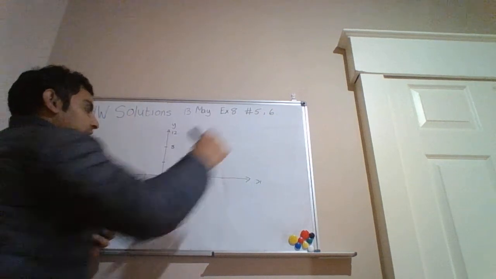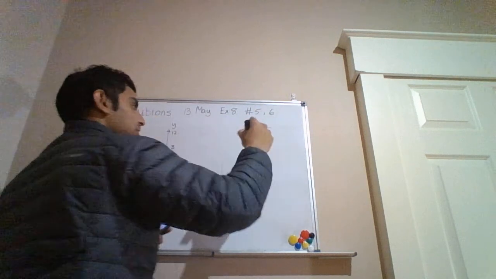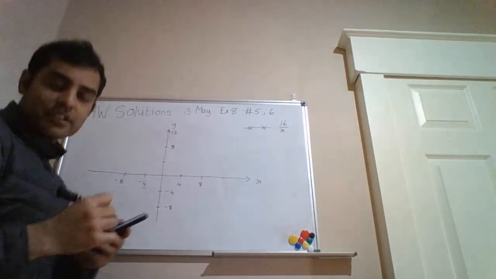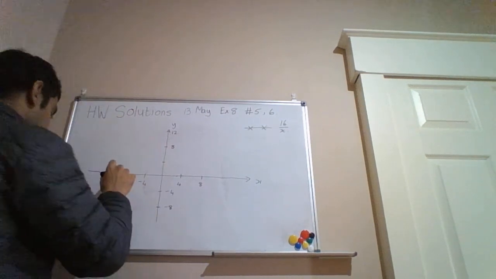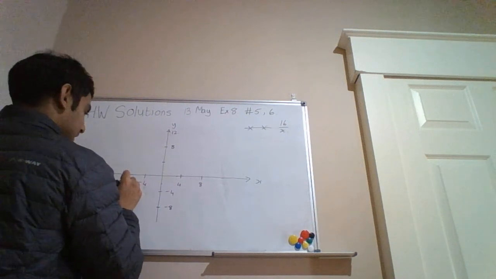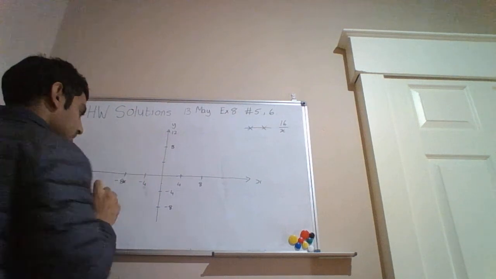Okay, let's do the first graph, 16 over x. I'm just using this key, and I'm going to use crosses for the points. First point, minus 8, minus 2, so minus 2 is halfway there, and that kind of lines up here. Let's make a cross.